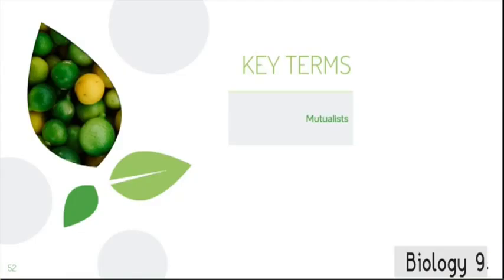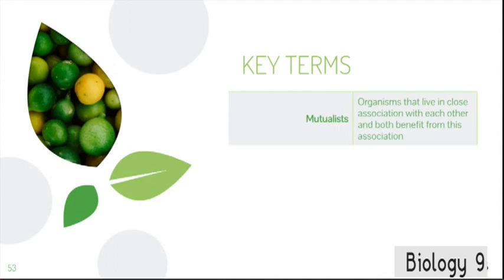Okay, it's time for a few key terms. Mutualists: these are associations between two organisms where both benefit and they live in close association with each other. Mycorrhizae is the association between a fungus and the roots of a plant.